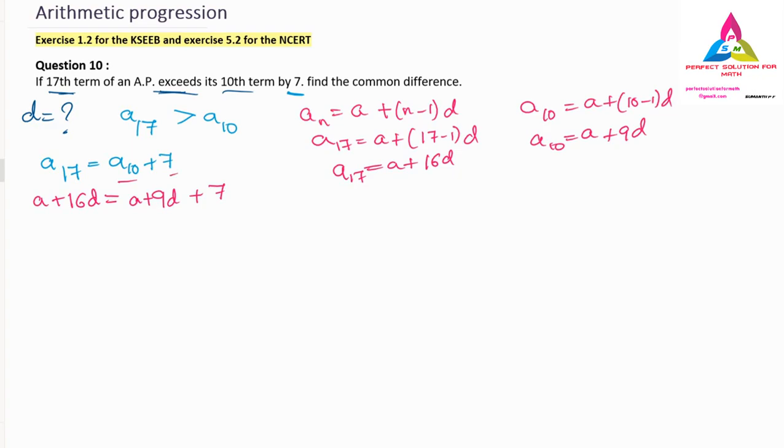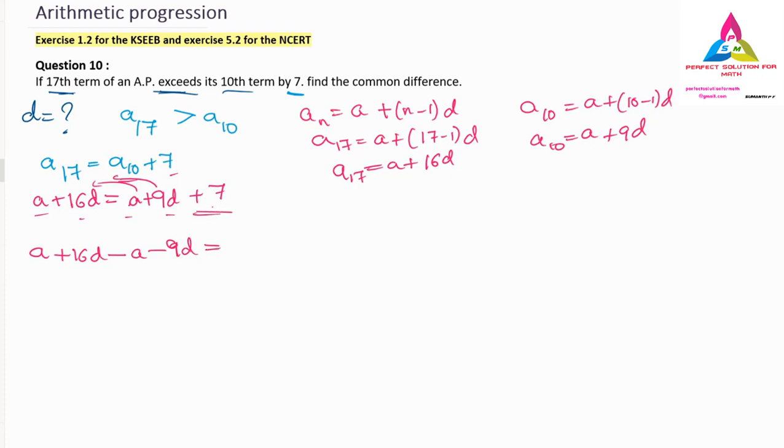Now we have to shift the unknown things to one side and the known things to one side. Here the unknowns are A, 16D, A, 9D, and only these 4. 7 is the known thing. So we will write A plus 16D as it is. But we will shift this A to the other side. So plus A will become minus A. This 9D on the other side will become minus 9D.